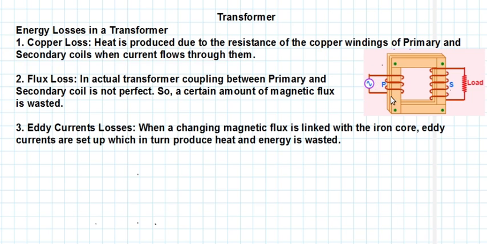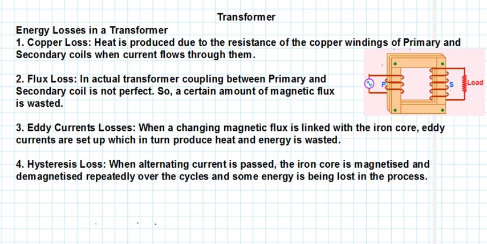So when this block of metal or this metal core is in the magnetic field, there will be a current produced in this core of the transformer, and this eddy current is a mere wastage of energy. Why? Because this eddy current cannot be taken out. So the energy which is used for the production of this eddy current is a wastage of energy as far as a transformer is concerned. So this is the eddy current loss.